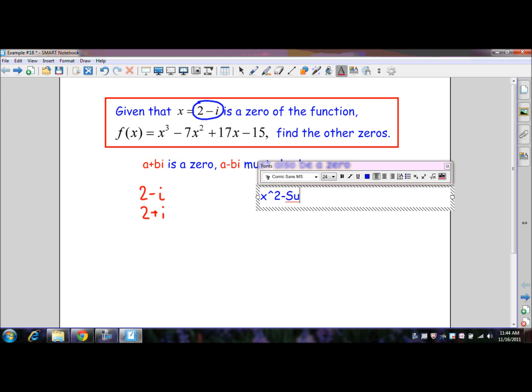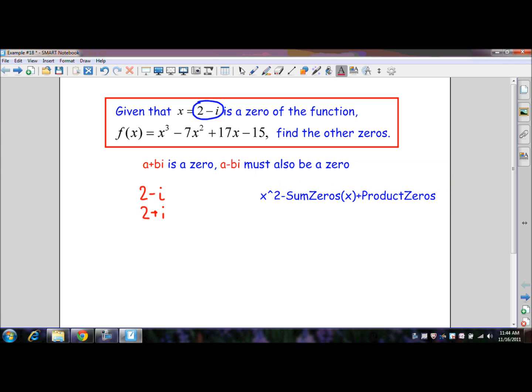So I would have x squared minus the sum of the zeros times x plus the product of the zeros. So if I can add the zeros, that's going to give me the middle term, and if I can multiply the zeros, that's going to give me the last term, or the constant term.